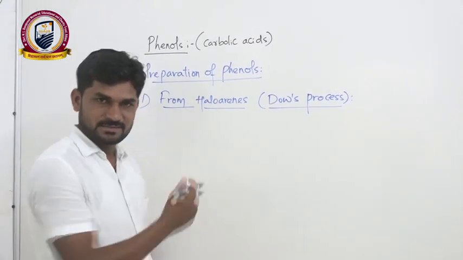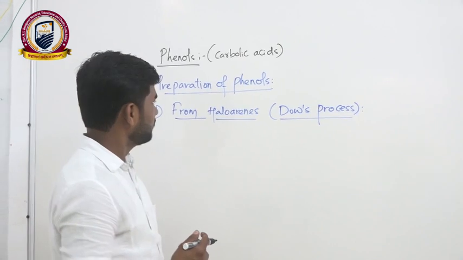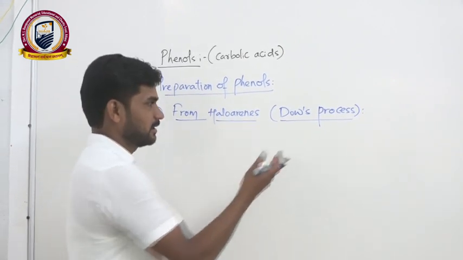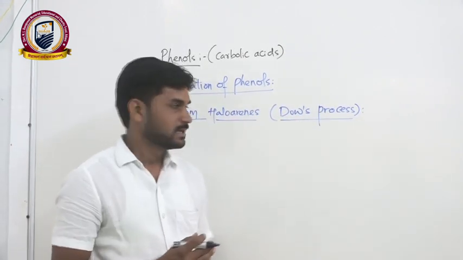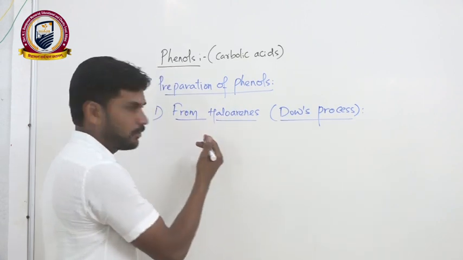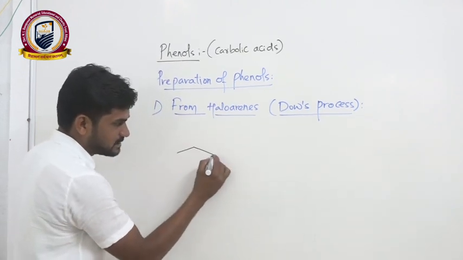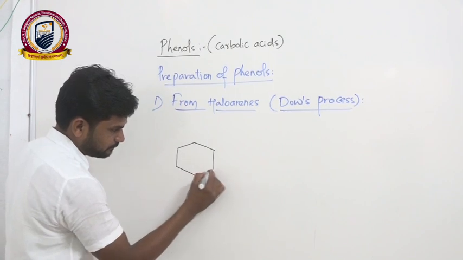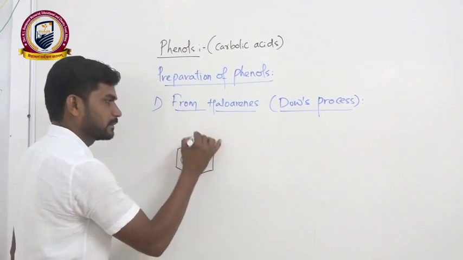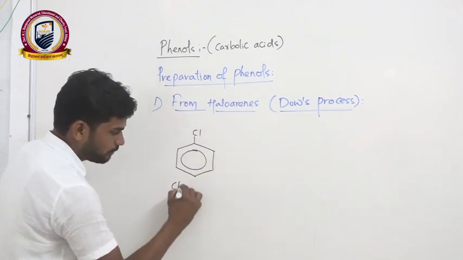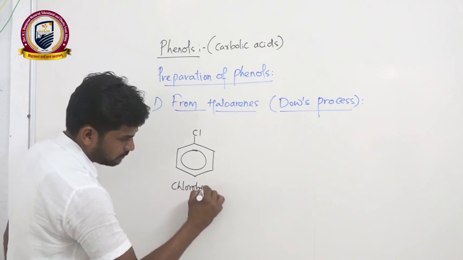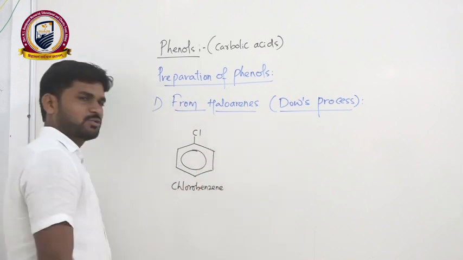So the preparation of phenols in that first method is from haloarenes, that is commonly known as Dow's process. An example for haloarenes we can take chlorobenzene. So you can ask the question here.